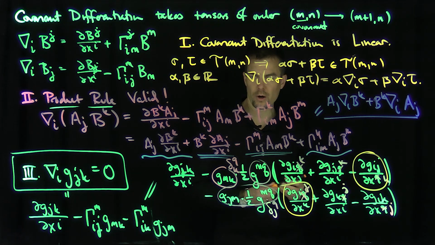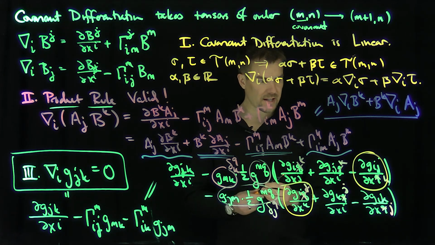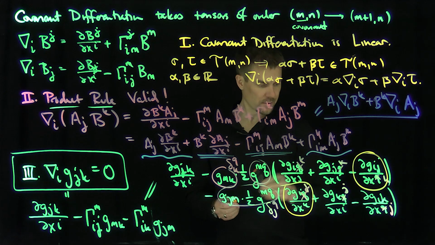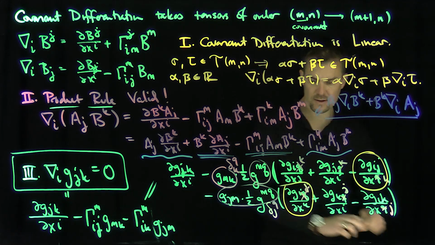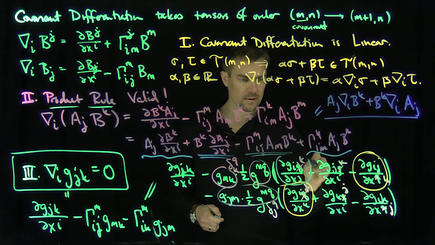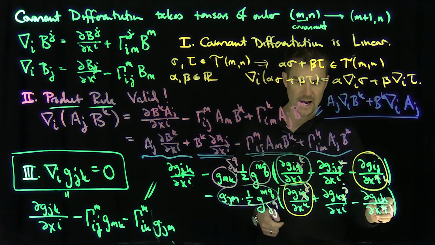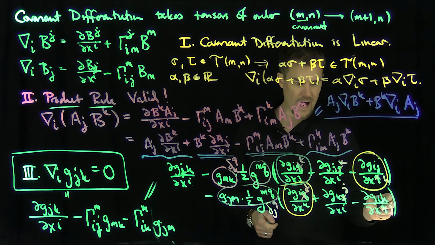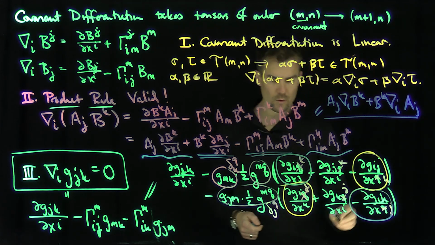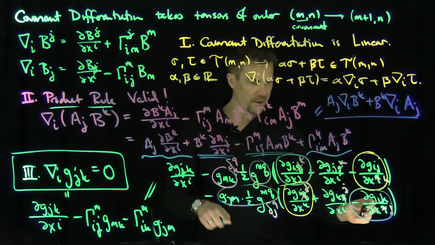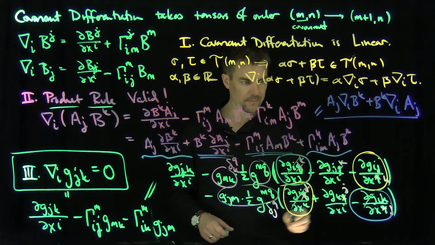Great. We also have a delta_ikj, which is over here. That's a negative. And I have a delta_ikj over here with a positive sign. So these terms are negative, those terms are positive. Those terms are going to cancel out, right?